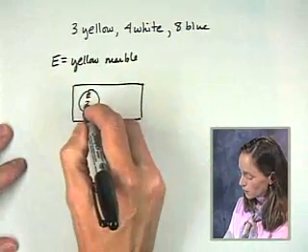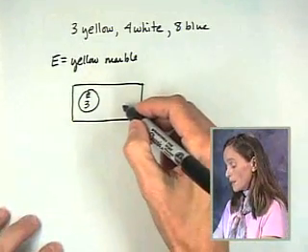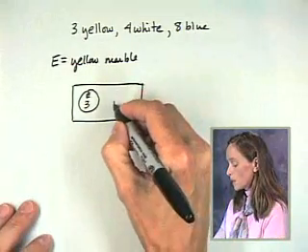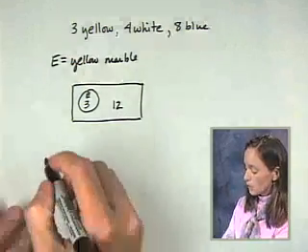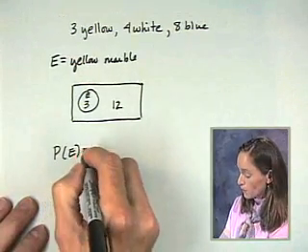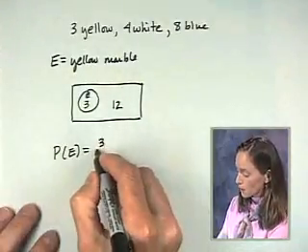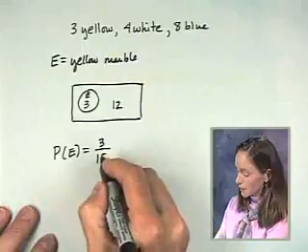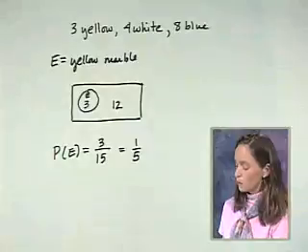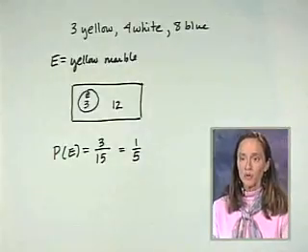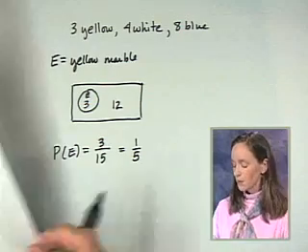Now there are 3 yellow marbles in our box. Outside the circle, but inside the rectangle, I put the number 12, all the remaining marbles together. Now if I want the probability of the event we draw a yellow marble to occur, that's 3 divided by 15, all the marbles in the box. That reduces to 1/5.